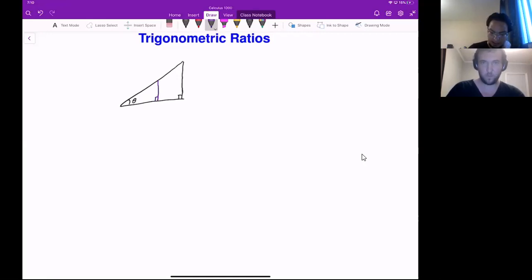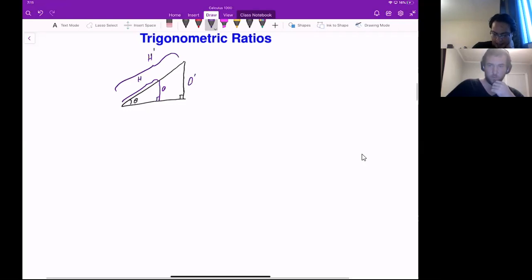Meaning that if you consider the side opposite to that angle, let's say in the small one it is O and in the big one it is O prime, and the hypotenuse for the small one is H, for the big one is H prime, and the adjacent side, the next one, is one of the sides of that angle. In that case, we denote it A for the small one and A prime for the big one.